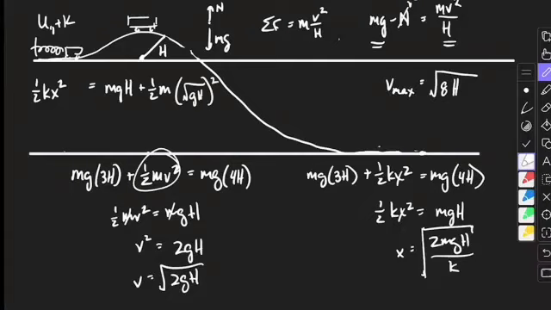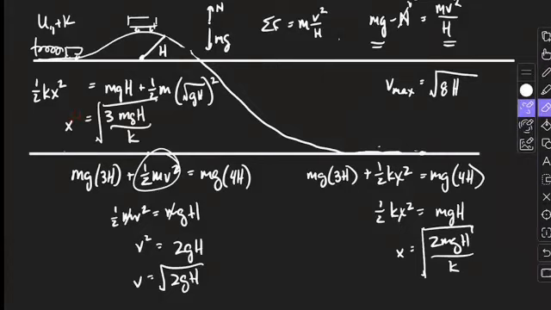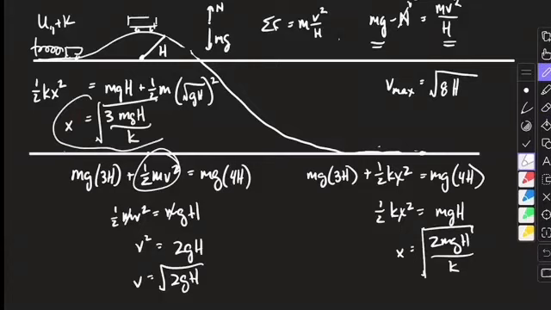We have to substitute what we got for v in the prior section of the problem. So that's going to be 1/2 mgh plus mgh. That's 3/2 mgh, times 2 is 3mgh. So x squared is going to be 3mgh over k. So take the root. And that's what you've got to do.